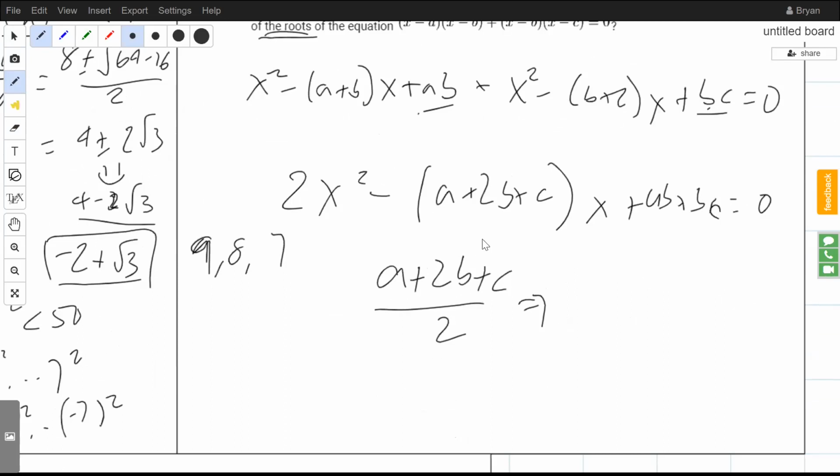Since b is added twice and the others are added only once, it makes sense for b to equal 9. And since a and c don't depend on the order, they can be 8 and 7 in any order. So the math is (8 plus 2 times 9 plus 7) over 2, or this is just 15 plus 18 over 2, 33 over 2, or 16 and a half.